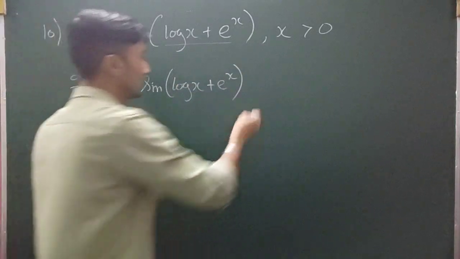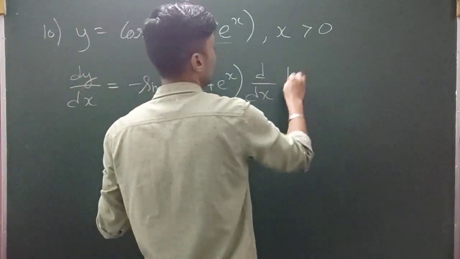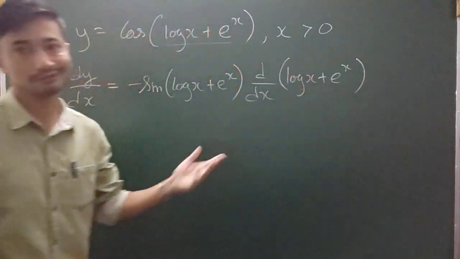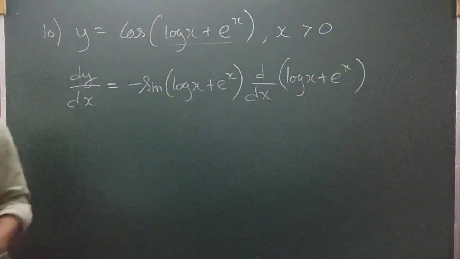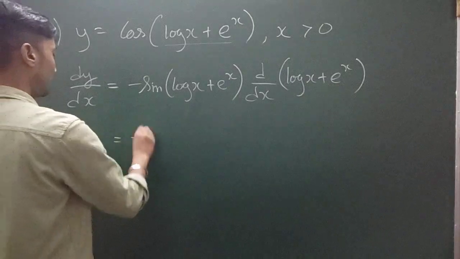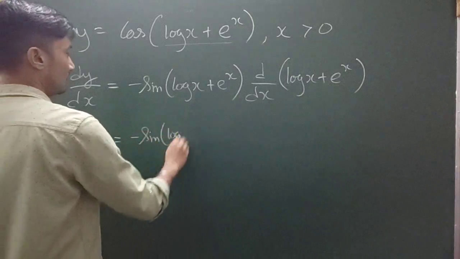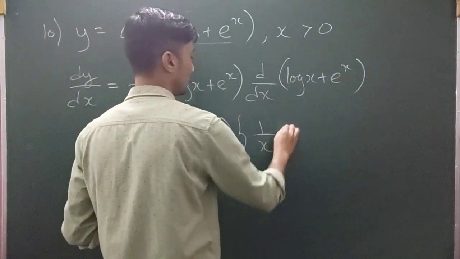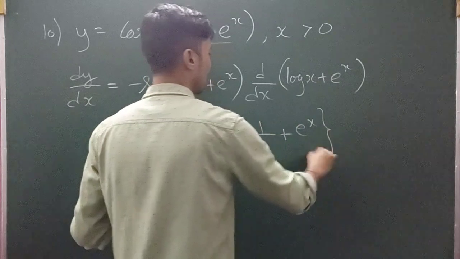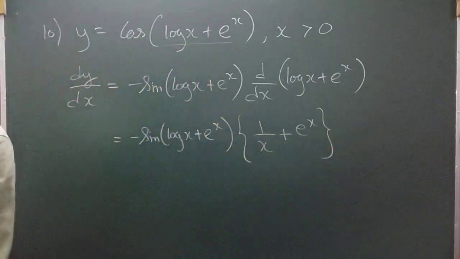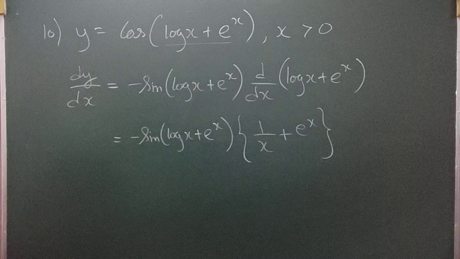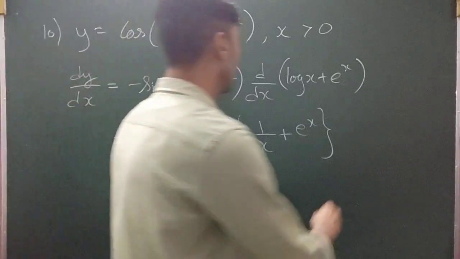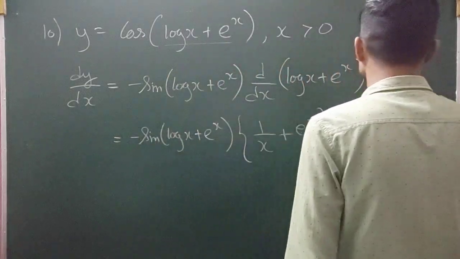Then chain rule again. Derivative of log x plus e power x. So minus of sin of log x plus e power x. What is derivative of log x? Well, nobody knows. 1 by x plus e power x. Oh yeah, that's all. Nothing much to be written there. So you can leave it there also, no problem. Of course, if you wish, you can write x greater than 0.